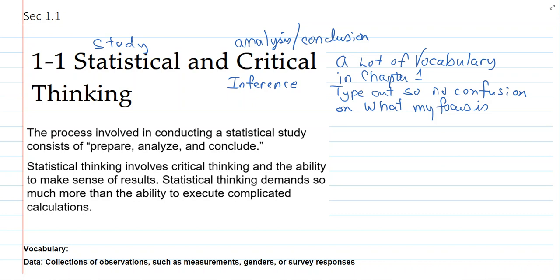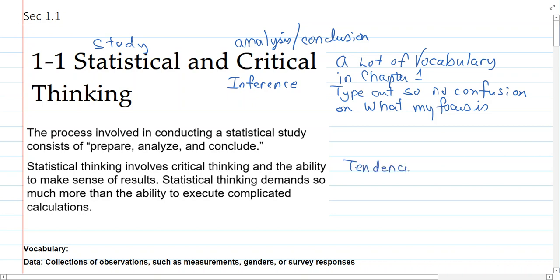The process involved in conducting a statistical study consists of prepare, analyze, and conclude. Statistical thinking involves critical thinking and the ability to make sense of results. And that means tendencies of the data studied.